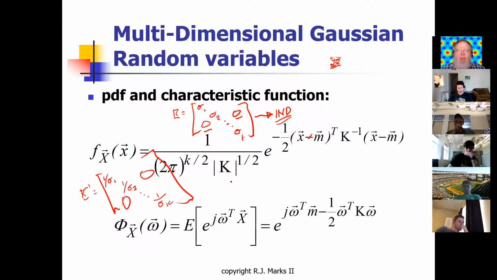If the sigma sub n are all equal to the same sigma, in other words, all the elements on the diagonal are the same, and the means are all the same, then these Gaussian random variables are going to be IID.